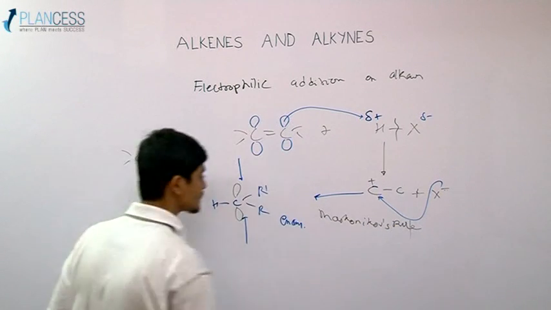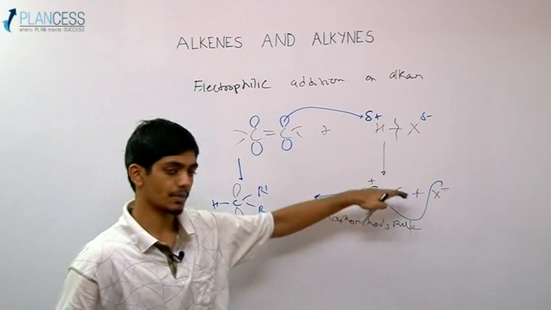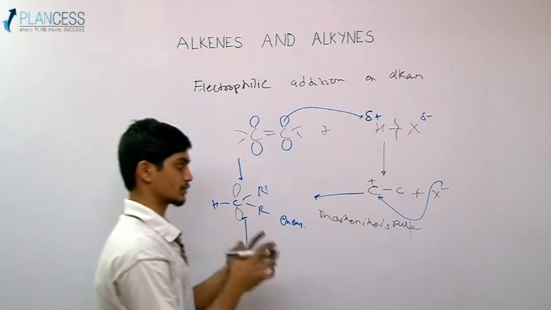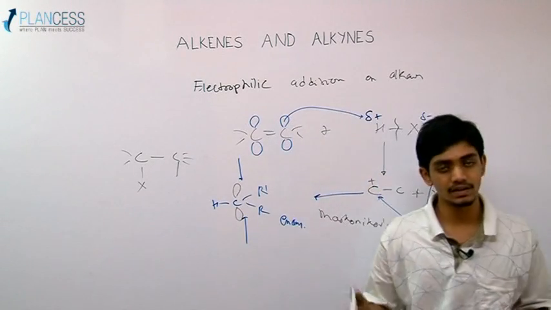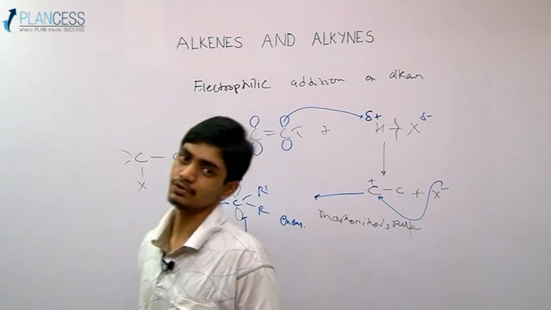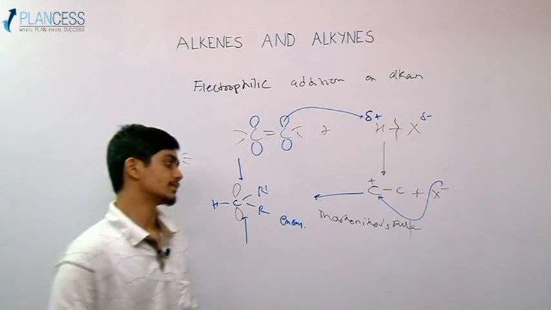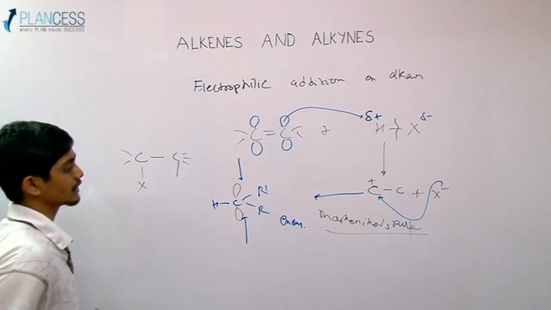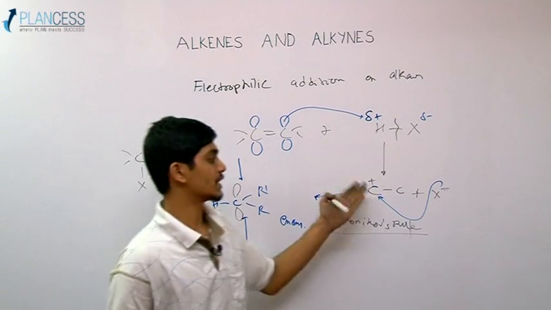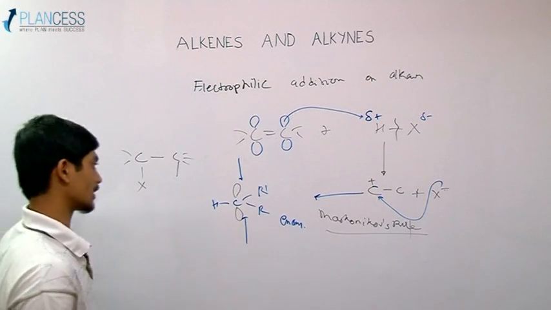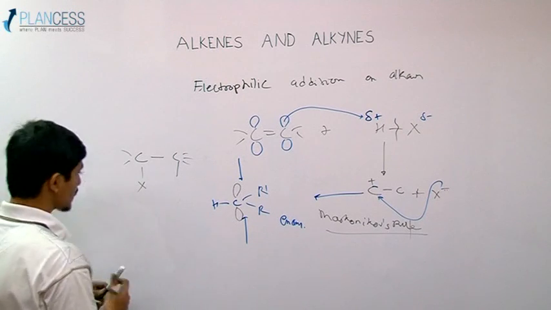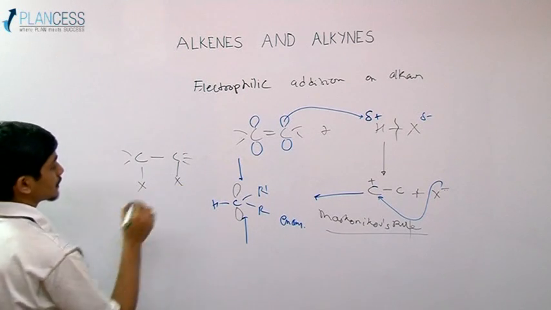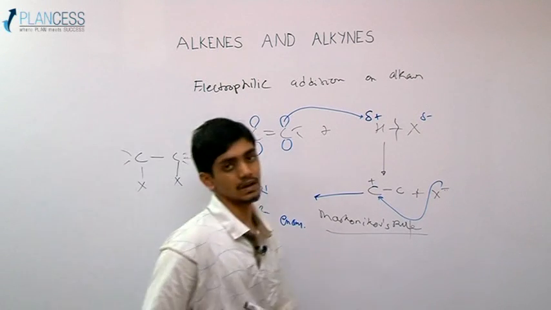Now this rule says that the most stable carbocation would be formed, and to be the most stable intermediate, it can rearrange to get even more stability. That is the modern statement of Markovnikov rule, and we already know why it should form the most stable carbocation. But now my earlier question, how can you get the halogen on the terminal carbon?